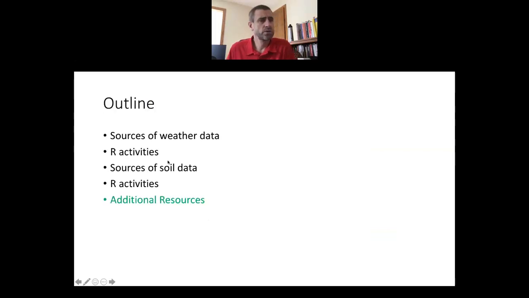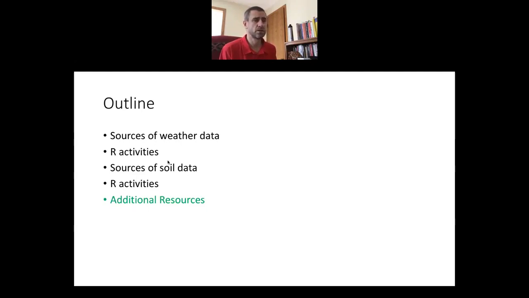So before I go into additional resources, you might be wondering about the capabilities in APSIM. APSIM allows you to download some of this data with a right click, in APSIM Next Generation, for some weather data and some soil data. But often it is important that you don't just take that data at face value and perform some quality control, some analysis, and I find R to be a useful tool for that purpose.